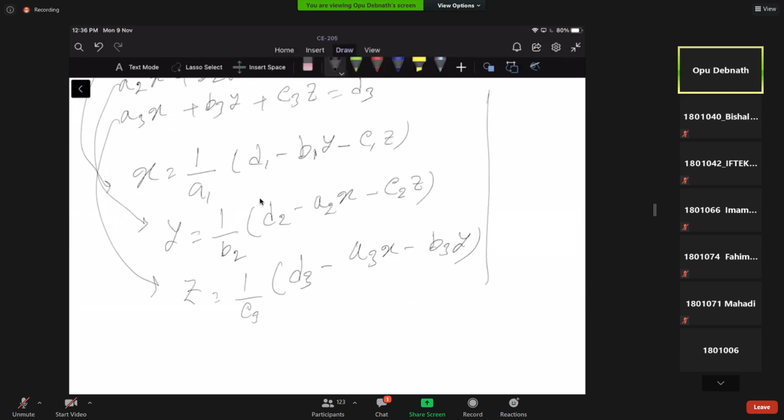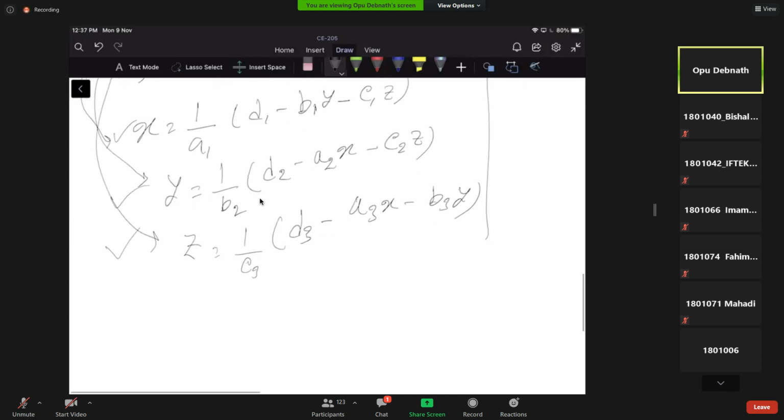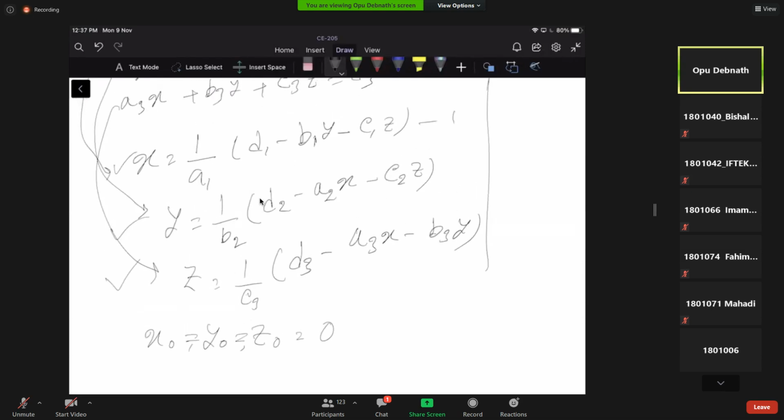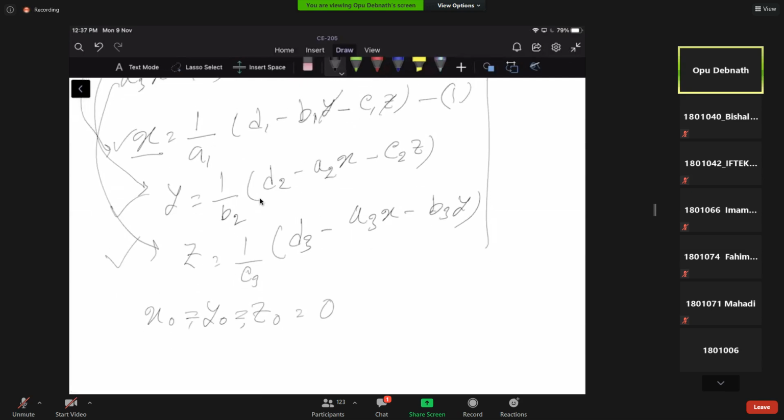So at the same time we get 3 equations for x, y and z, and we need to go for successive approximation. For the very initial condition, the first trial, we take x0, y0 and z0. Suppose all are 0: x is 0, y is 0, z is 0. If we put y and z as 0 in the first equation, we get a value of x at first approximation. Suppose this is x1.